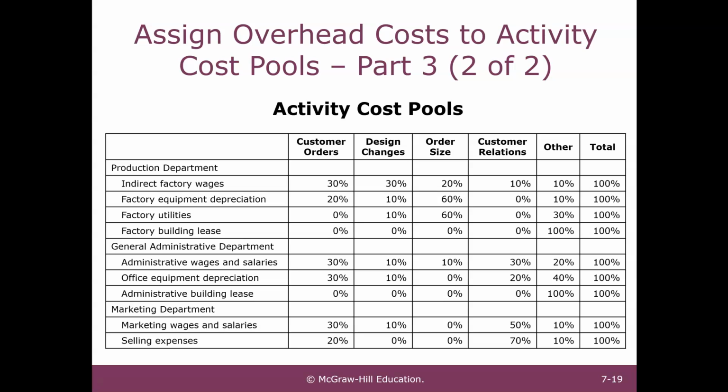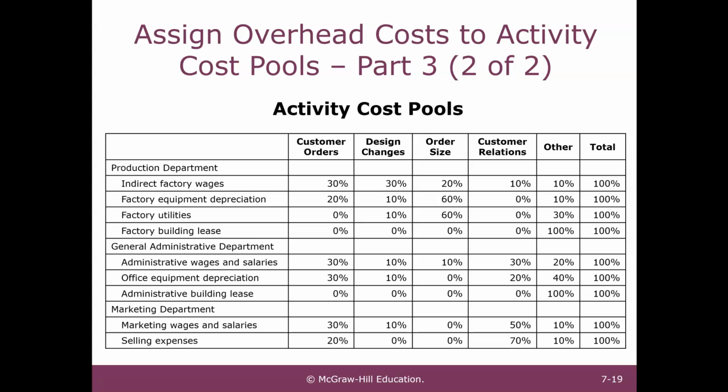For example, for the indirect factory wages, 30% of that cost is associated with customer orders, 30% has to do with design changes, 20% with order size, 10% with customer relations, and 10% other. So we're going to look at these percentages for all of the overhead costs and separate them out by the cost pool.